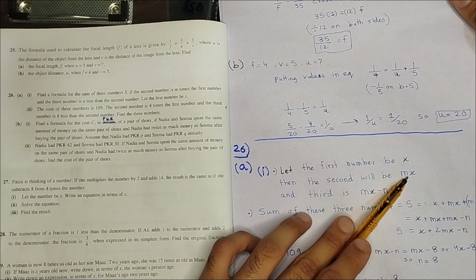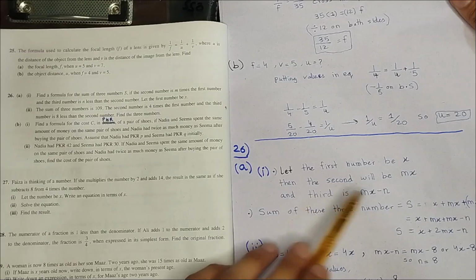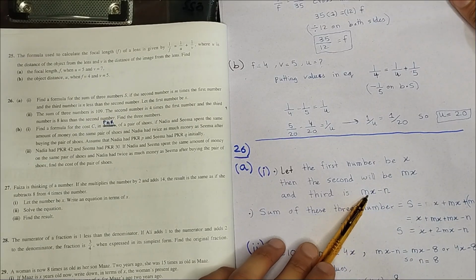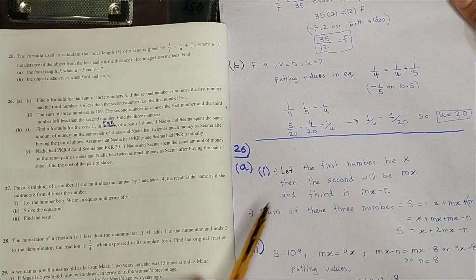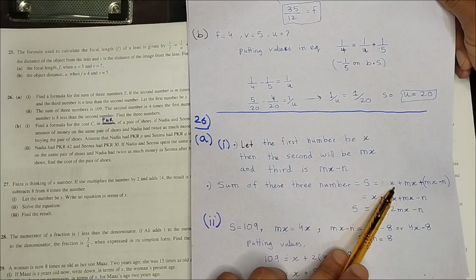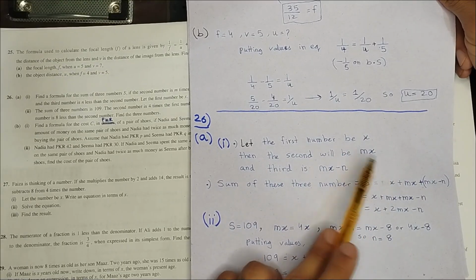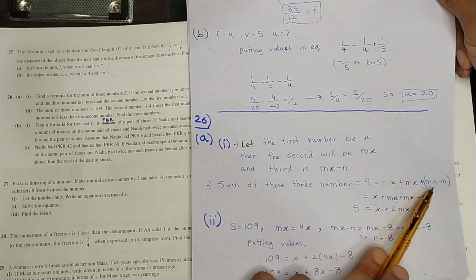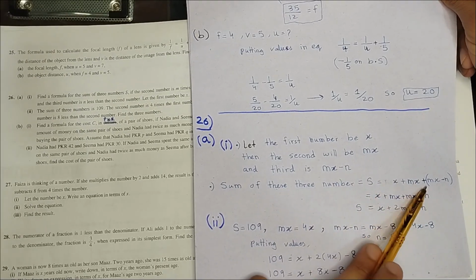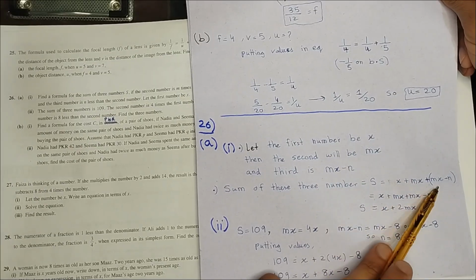Second number is mx, and the third one is n less than the second number, which is mx, so mx minus n. The sum of these numbers is going to be s, which is equal to x, the first number, plus mx, the second number, plus mx minus n, the third number. We added all three numbers together.